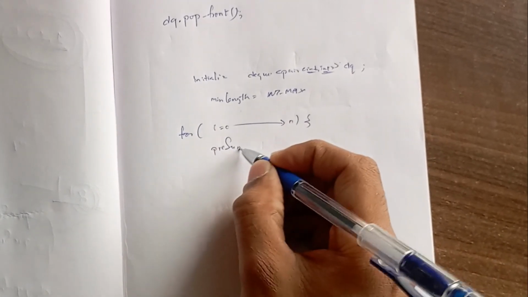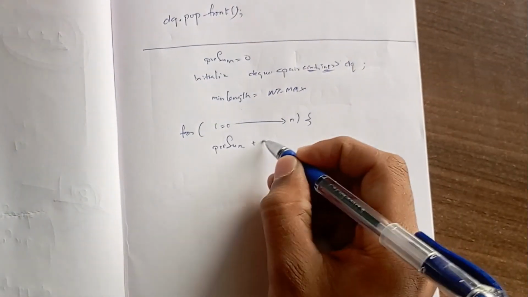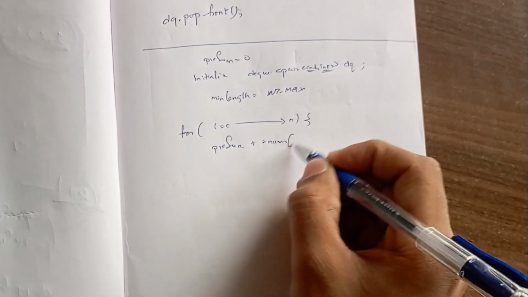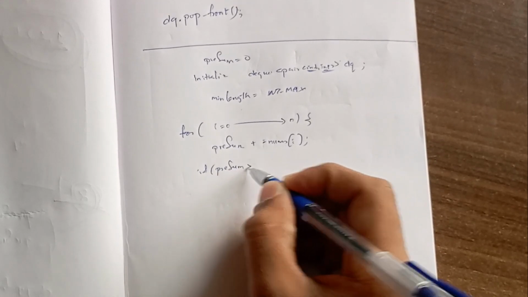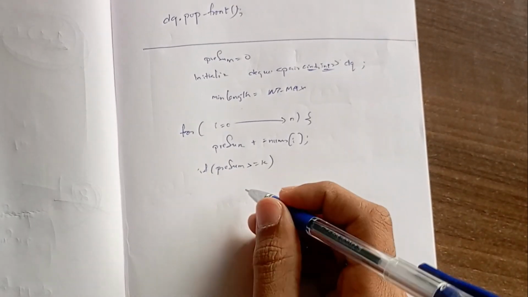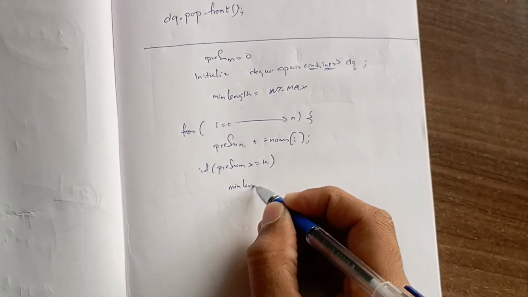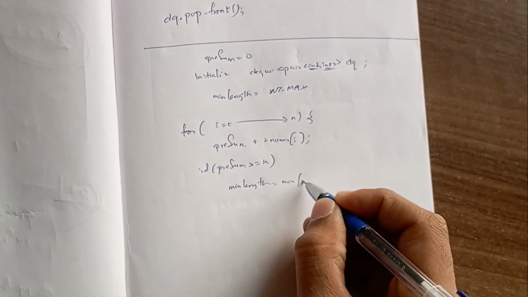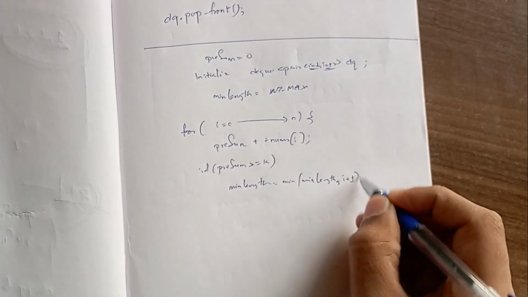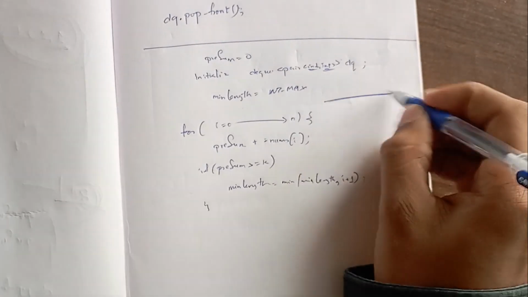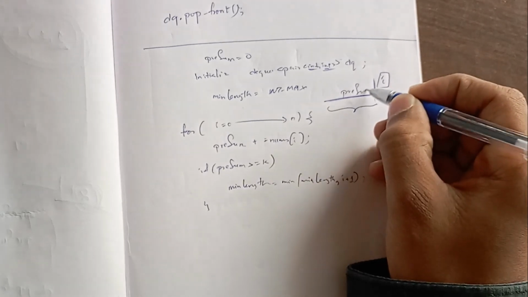The prefix sum is initialized with 0 and incremented with the current element. If the prefix sum is greater than or equal to k, we need to consider this subarray, so the minimum length will be the minimum of minimum length comma i plus 1. So we consider all the elements up to i.